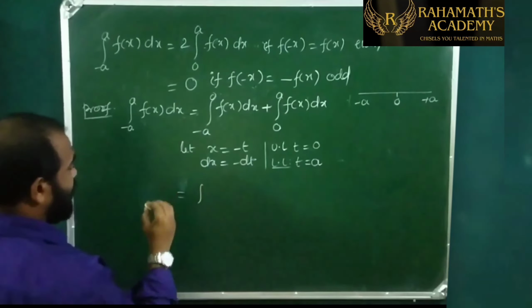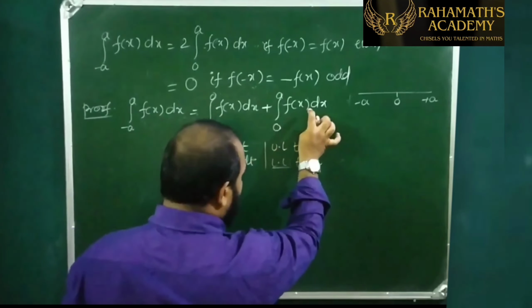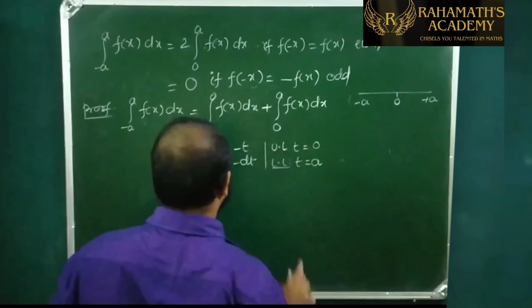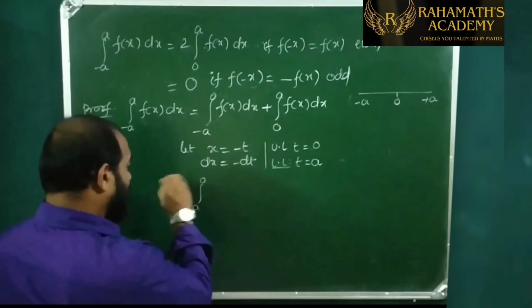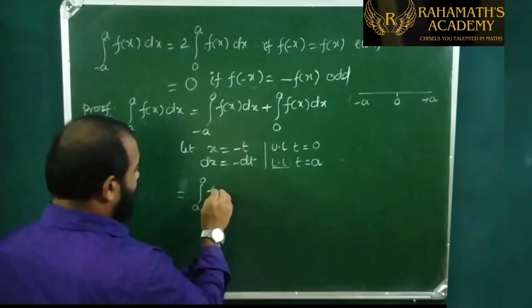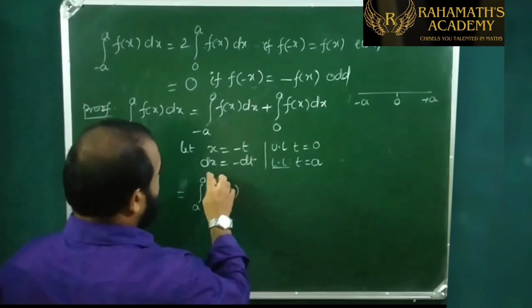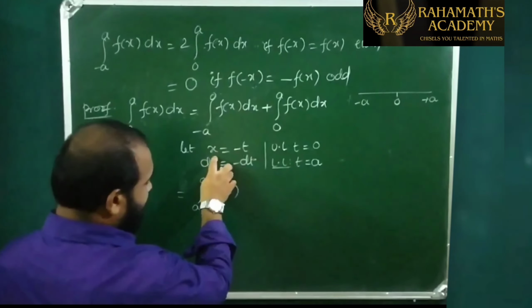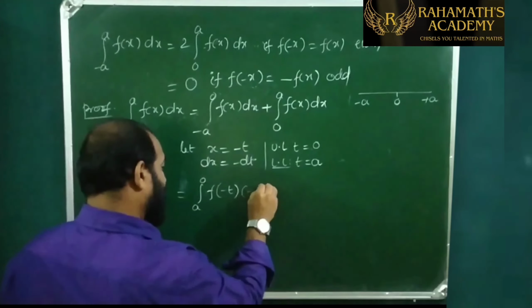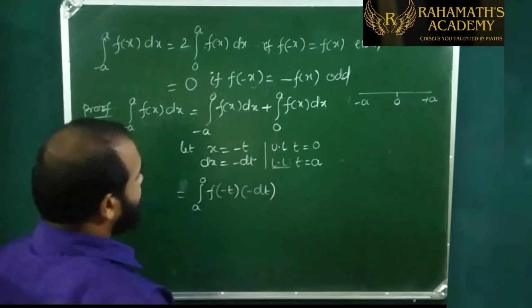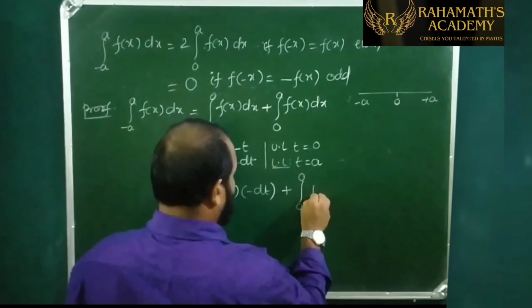So this is equal to, I am only considering this, I am not changing this. So minus a to 0 can be a to 0 now, into f of x is f of minus t, dx is minus dt, plus 0 to a f of x dx.